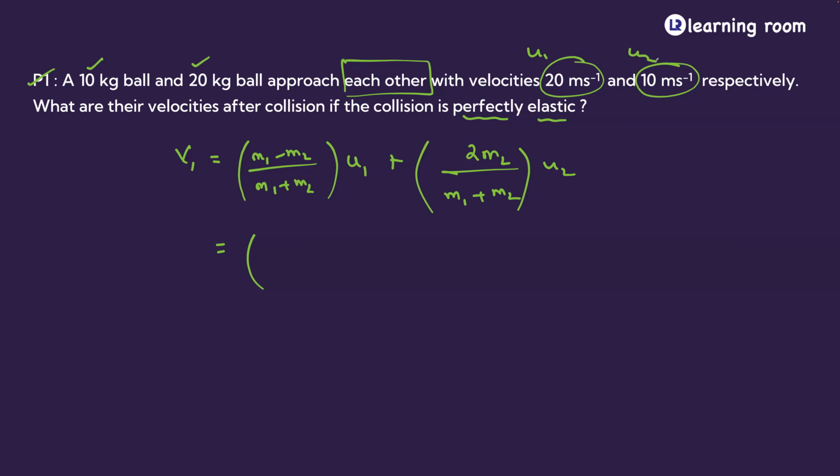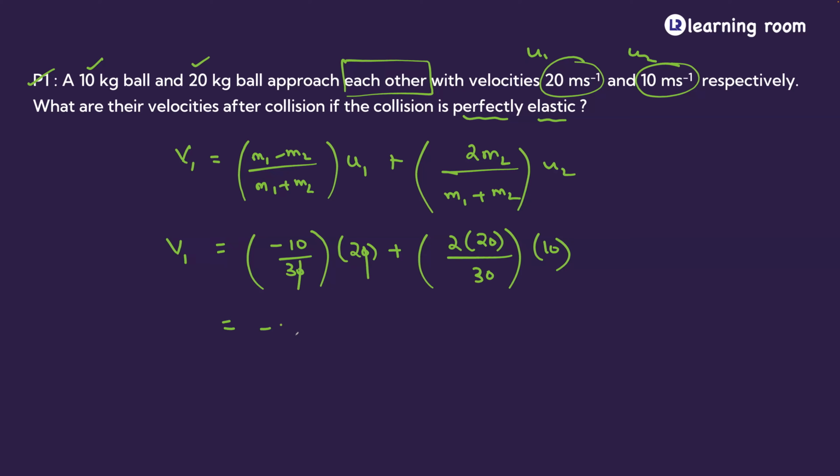If I take this as M1 and this as M2, then this will be U1 and this will be U2. So V1 will be equal to M1 minus M2, which is minus 10, divided by 30 into the value of U1, which is 20, plus 2 times M2, which is 20, the whole divided by 30 into U2, which is going to be 10. So the zeros cancel.